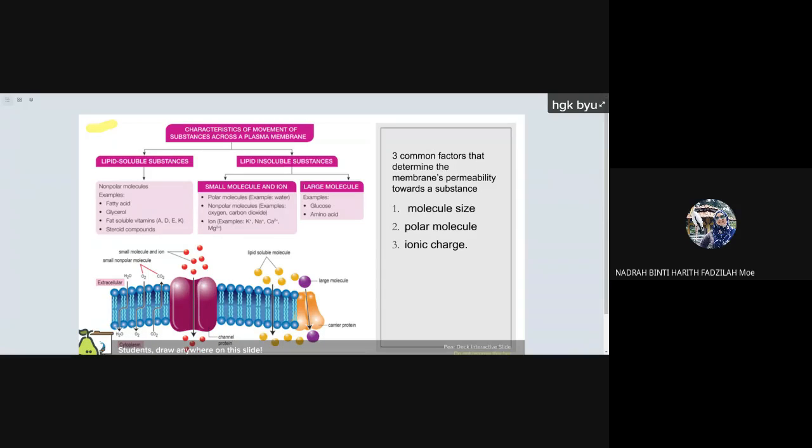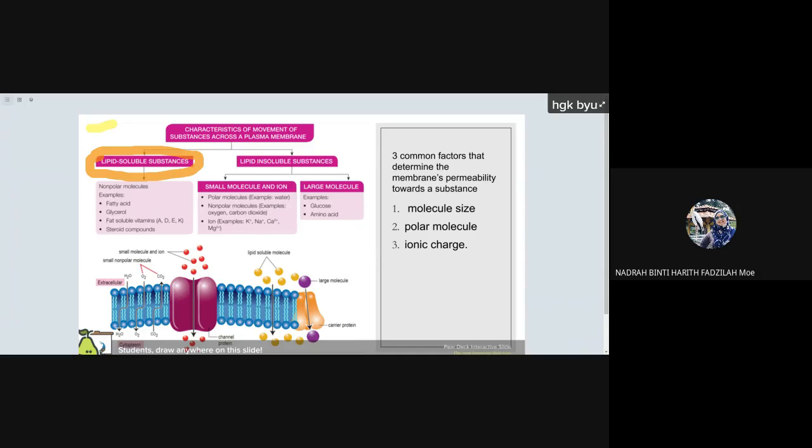Now, sebagaimana yang dicadangkan oleh Adawiyah tadi, the substances that can move across plasma membrane are the substances that can dissolve in lipid atau dalam erti kata lain boleh larut dalam lipid yang saya highlight warna oranye ni. So, the lipid soluble substances can diffuse into the phospholipid bilayer.